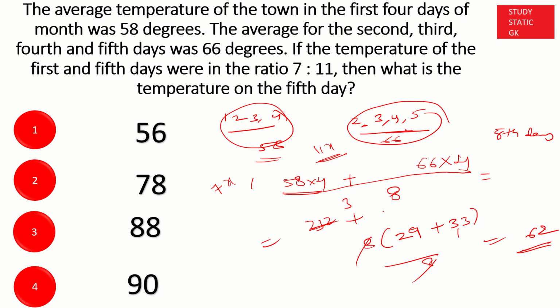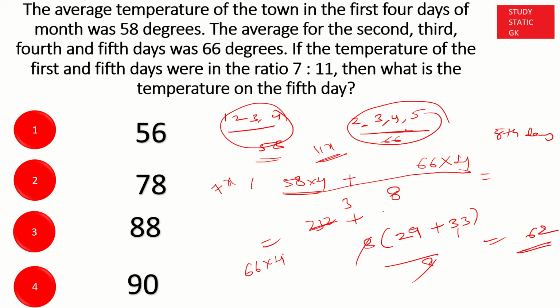So here the total sum of these 4 days is 66 into 4, right? If we subtract this one, 2, 3, 4 will be subtracted, and only the first will be there.